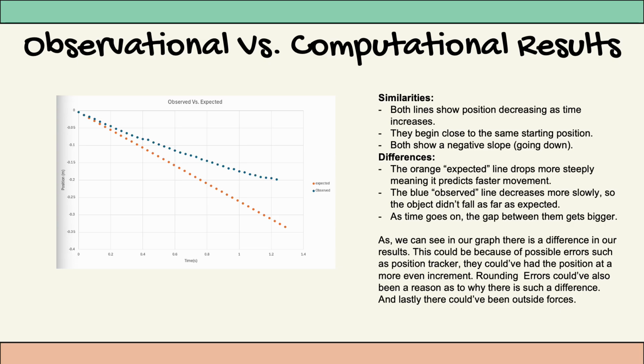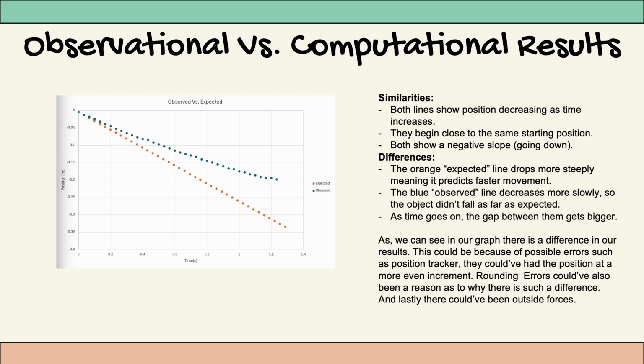Then I compared my Tracker results versus my computational results by putting both their position versus time graphs on the same one. Both lines show position decreasing as time increases. They begin at the same starting point, and they both have negative slopes.